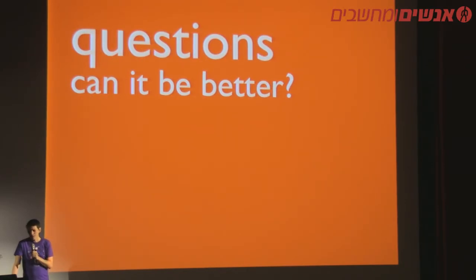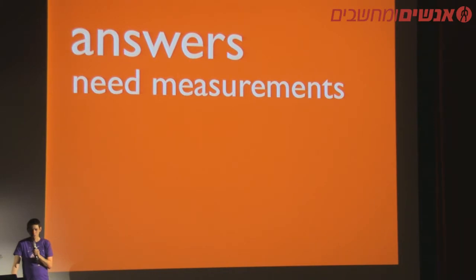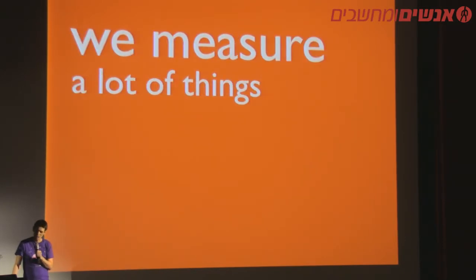So in order to answer any of those questions, we needed measurements. The only way, not just to know if it would work, but also to know if it was going to keep working, was to monitor it. So we set up a bunch of logging and instrumentation stuff, and we measure a ton of things.